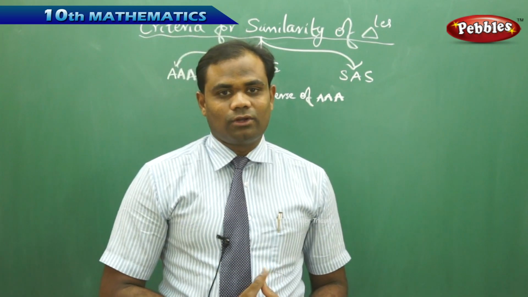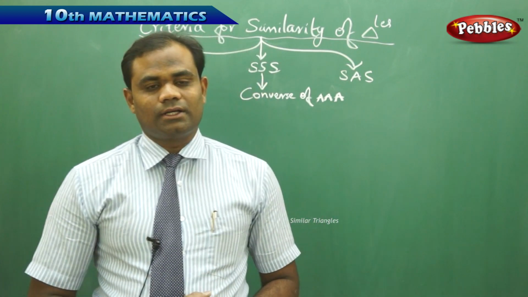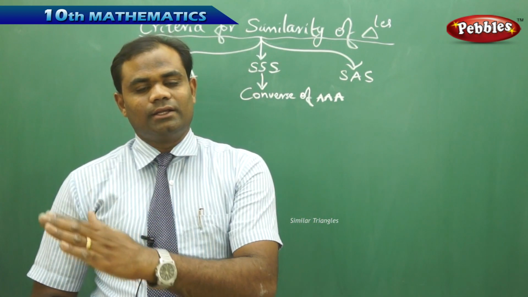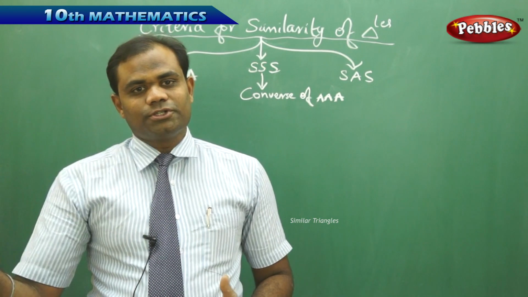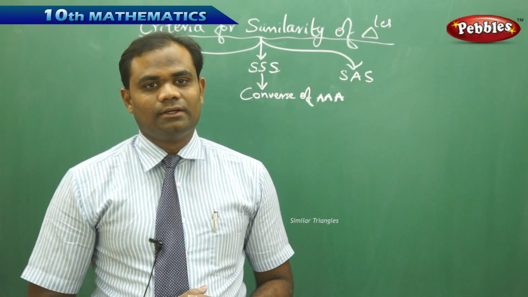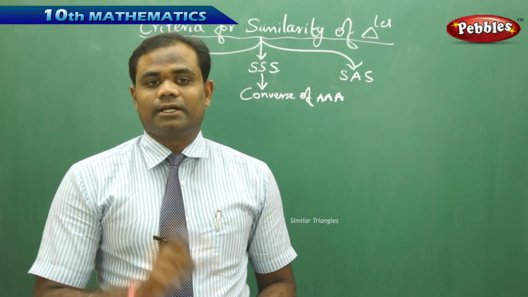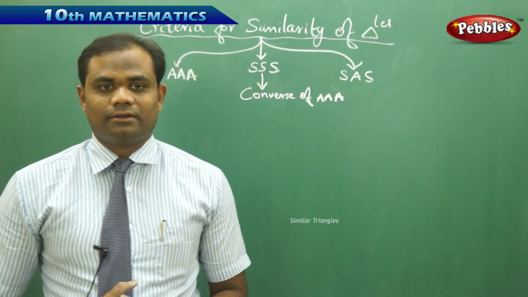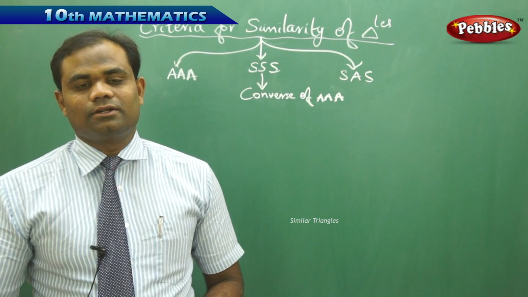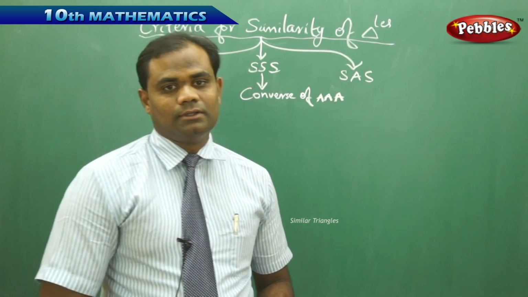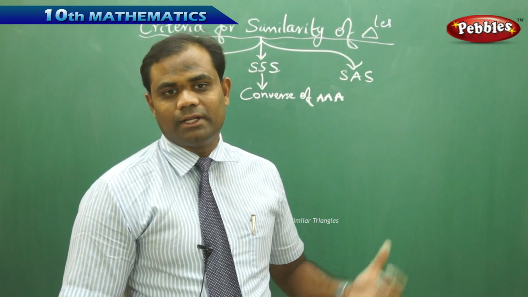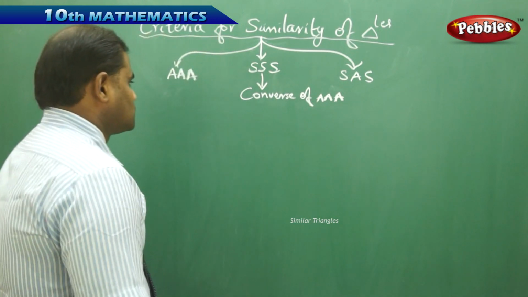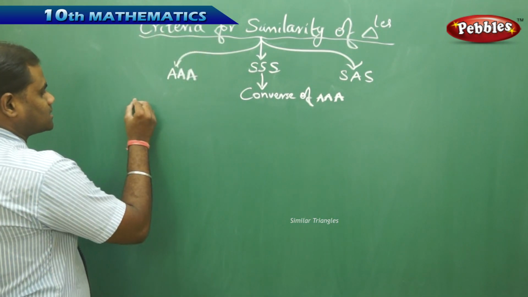Conversely, we assume that the corresponding sides of one triangle are proportional to the corresponding sides of the other triangle, then we prove that the corresponding angles are equal, in the reverse process of the triple A criterion. And finally, we say that the two triangles are similar, which is what we are going to see in the triple S criterion.